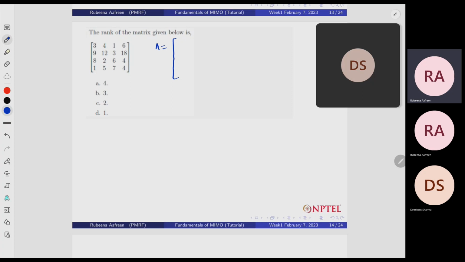Here you can see that this R2 is dependent on R1. So we can easily write R2 is R2 minus 3 R1. So this is 1 0 0 then.